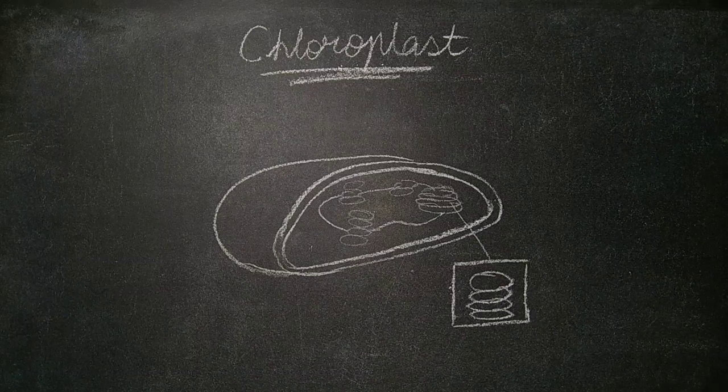Chloroplasts are green plastids, and they are organelles found only in plants. They are not found in animal cells. It is a eukaryotic organelle that conducts photosynthesis.